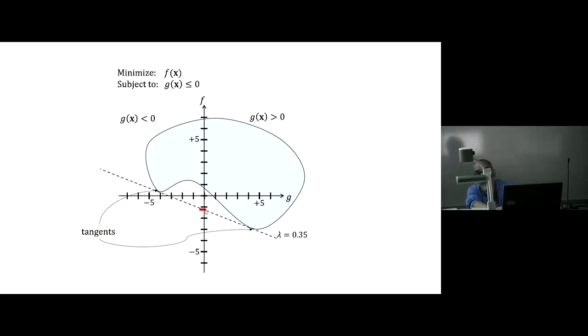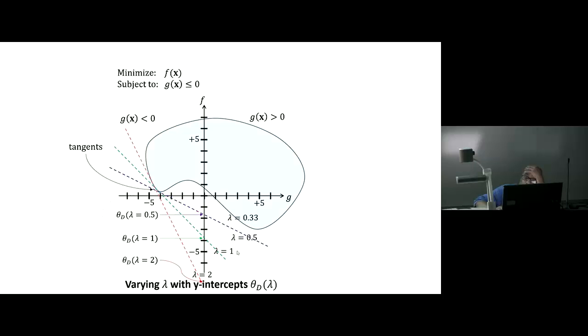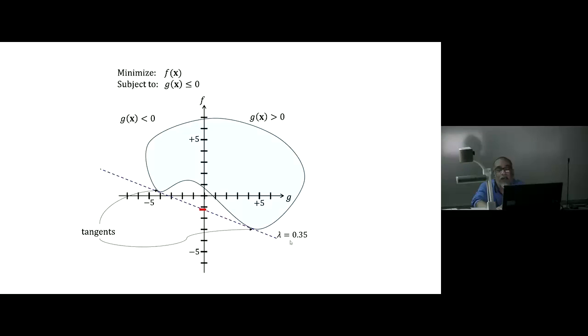What is theta d star? The maximum value of theta d lambda. Why is that? Because the slope is 0.35. Here I was considering slopes that were more than 0.35. Now suppose I keep reducing lambda further, below 0.35.